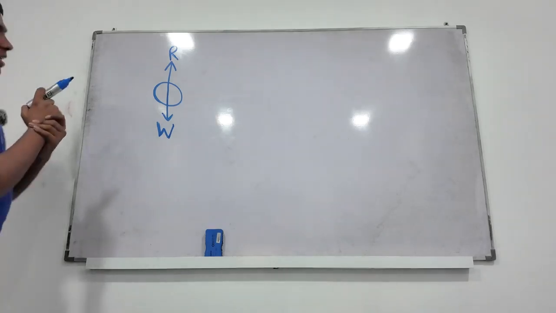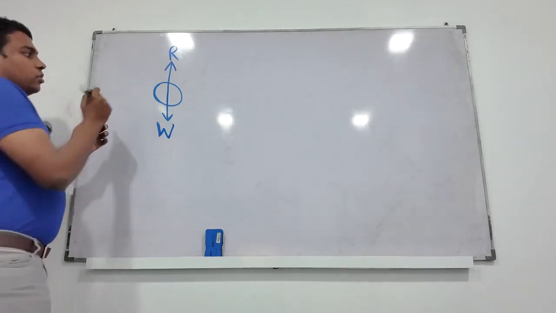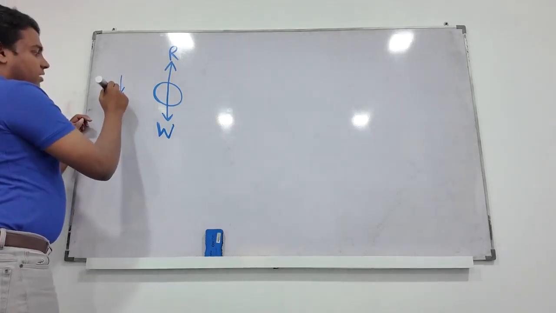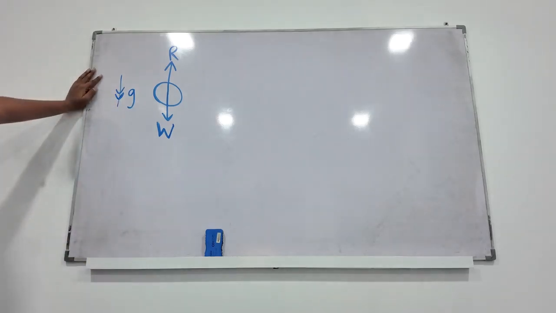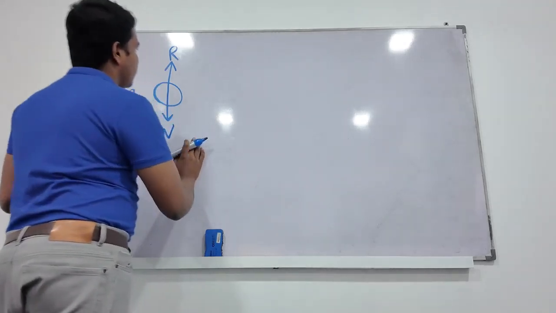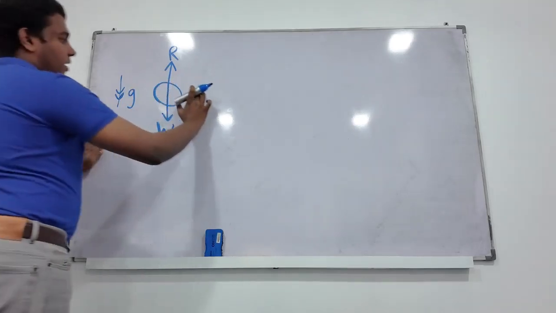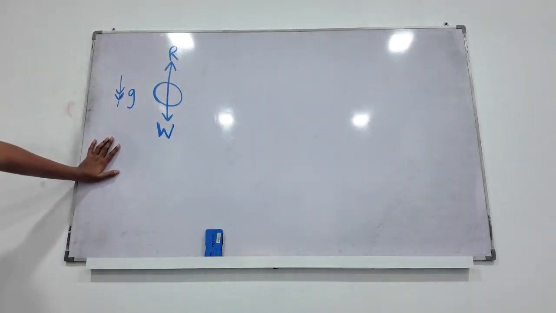So weight is acting, air resistance is acting when the object is falling. I'm going to say this object is falling with an acceleration. Usually when an object is falling, it's falling with gravitational acceleration on Earth, which is 9.81 meters per square second. So basically you have to understand what is happening to an object when it falls under an acceleration.